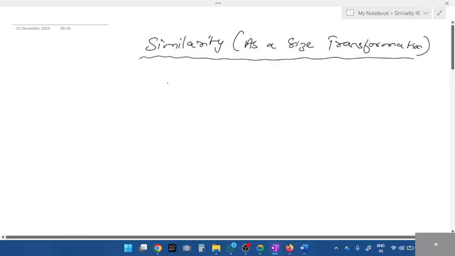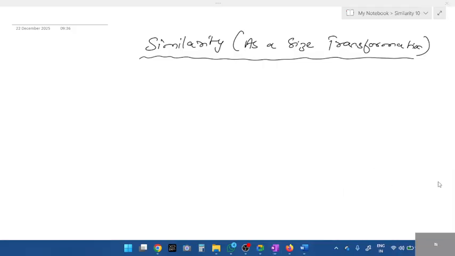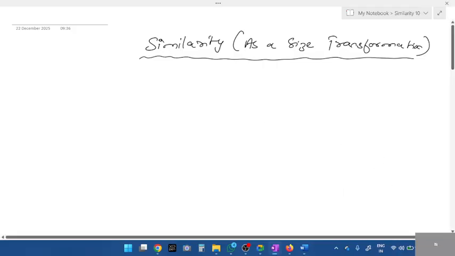Fine. Tell me this, students. Whoever had concentrated, what is similarity? Any idea about this chapter? Respond, all of you. What do you mean by similarity, students? What is similarity?